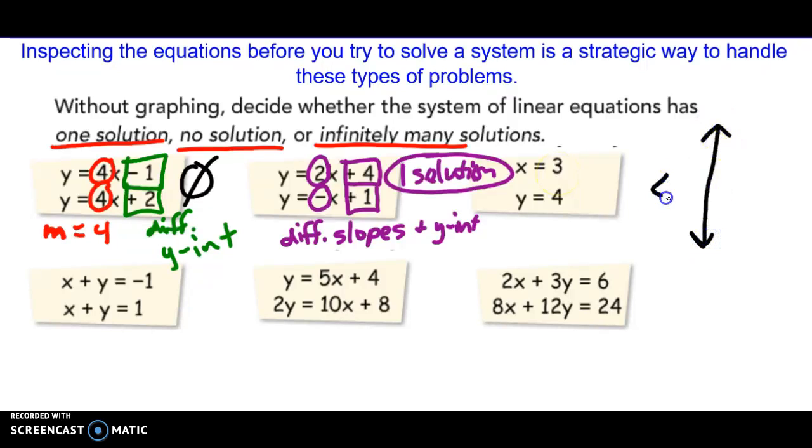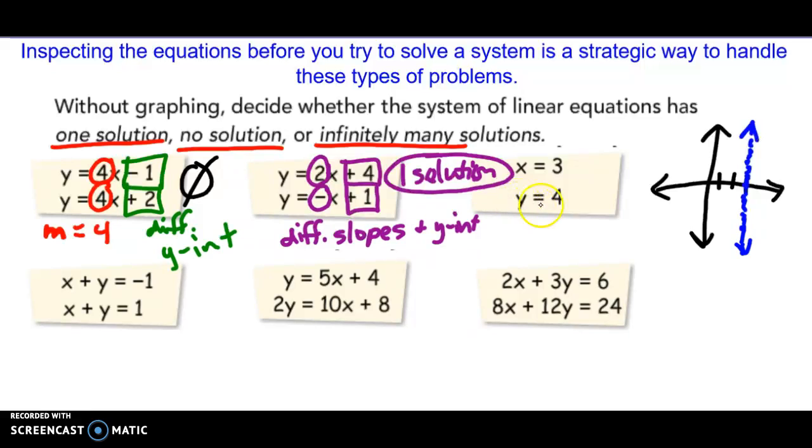So if we think about x equals 3 on a graph, all of my x values are 3, no matter how high I go or how low I go with my y values, my x is always 3. So that gives me a vertical line.